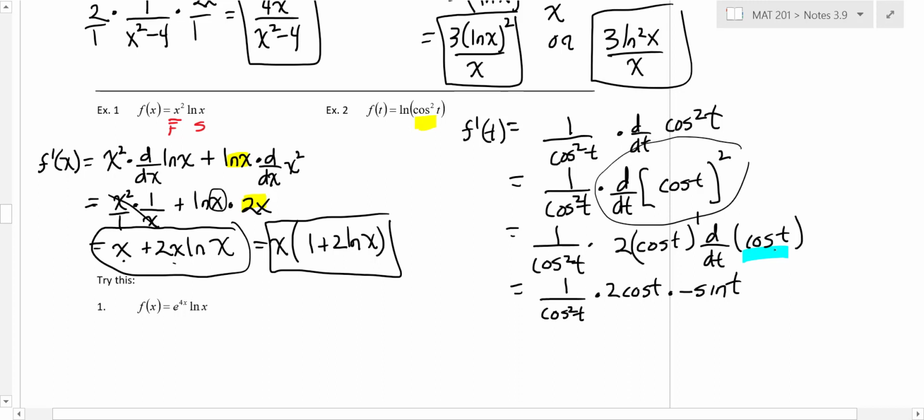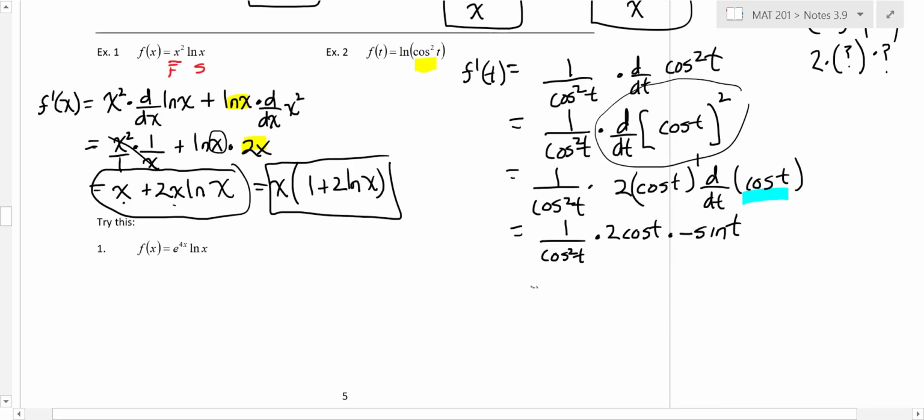When I did the derivative of the cosine, that's what gave me negative sine t. That's what the derivative formula is. So if you have anything to the second power, no matter what is inside the parentheses, the derivative is going to be 2 times that thing to the first times the derivative of that thing. That's how the chain rule works out.